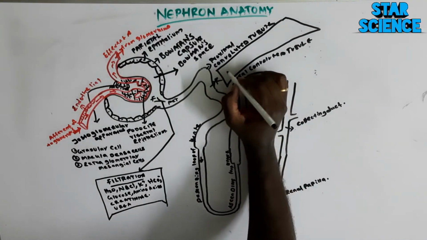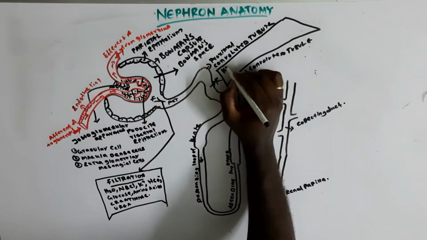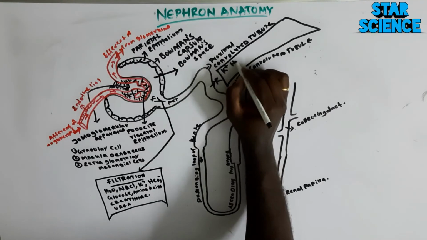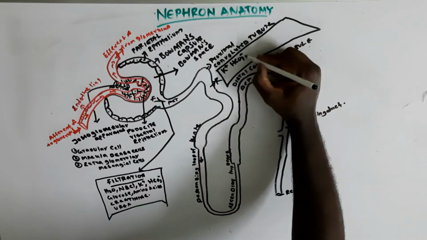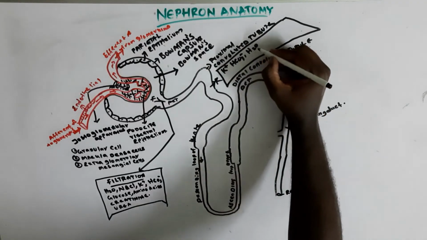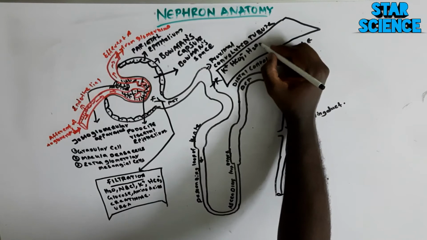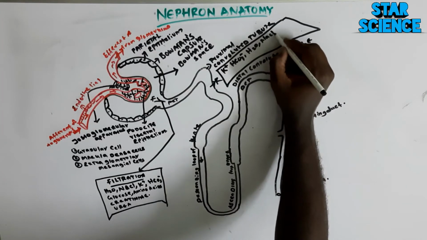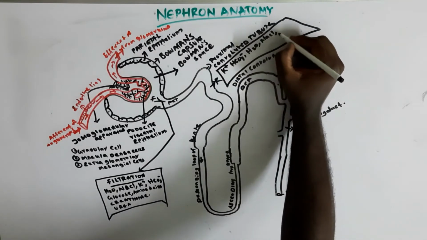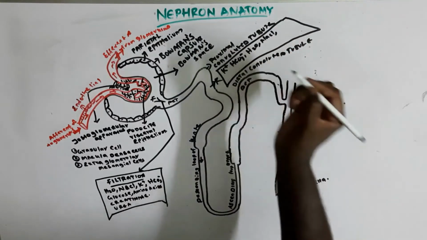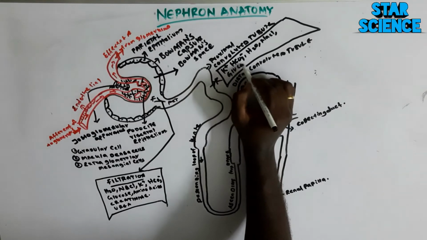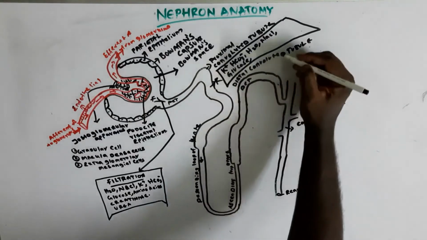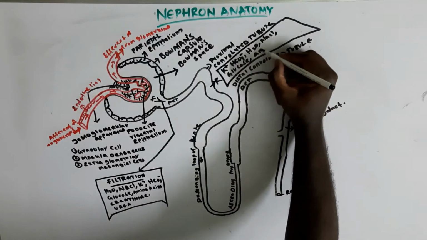The reabsorptions are from the filtered content which passes through the PCT, that is potassium, bicarb and water, sodium and glucose and amino acids. So these are reabsorbed in the PCT.